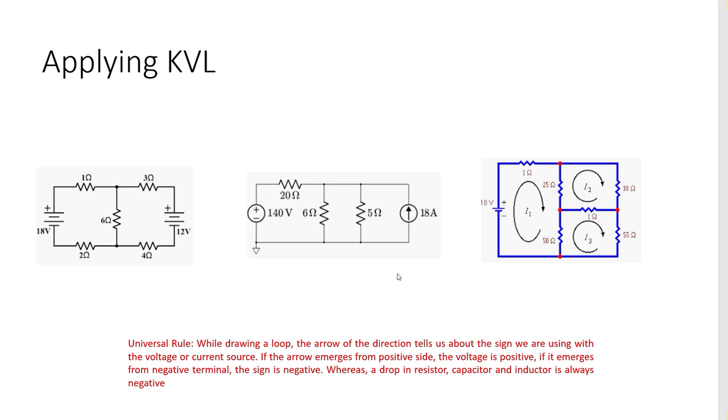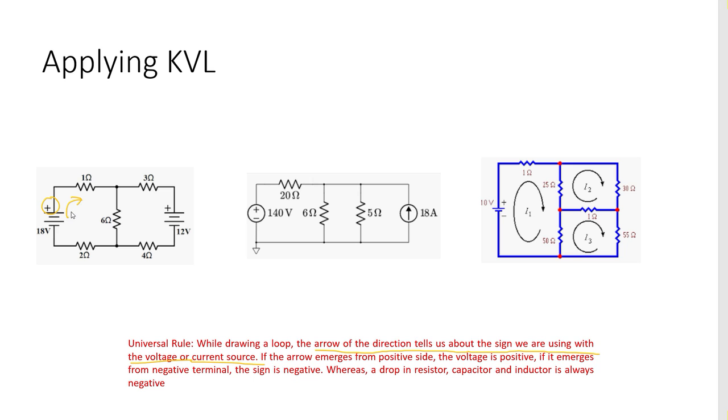Okay, so we are having this universal rule, and let's read this out loud. While drawing a loop, the direction of the arrow tells us about the sign we are using with the voltage or the current source. So if we are using this arrow emerging from this side, this will tell us what should be the voltage rise sign.